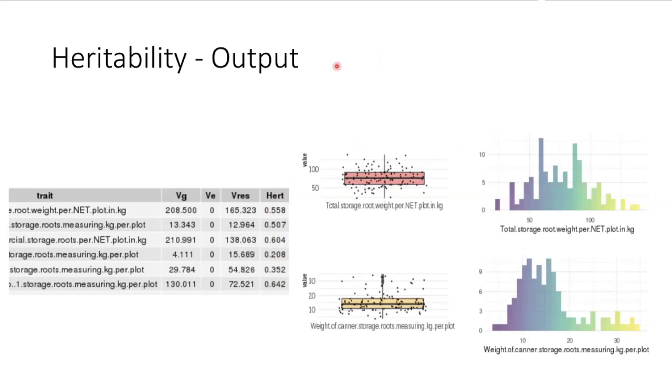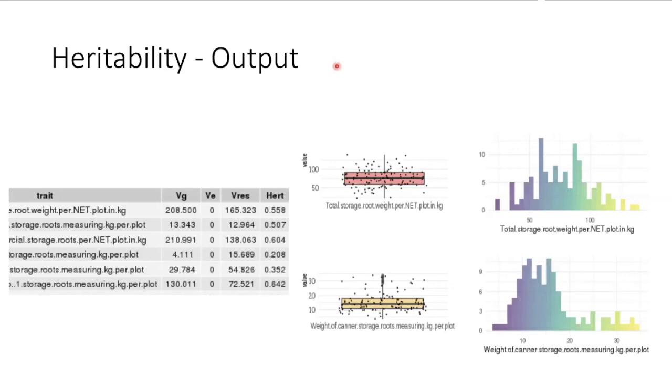This model of heritability will take the information that you have in your data set. For example, if in your data set you have data from different years, the model to calculate heritability will take year as a factor as well. If you have different locations, it will take locations as a factor.